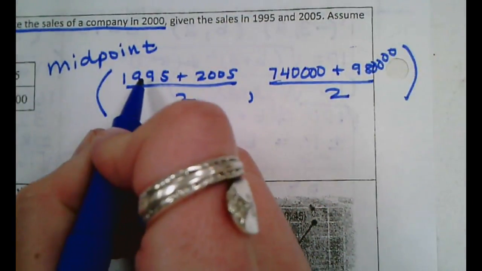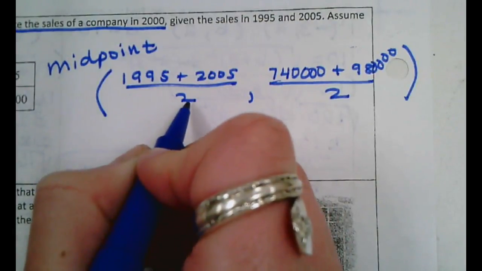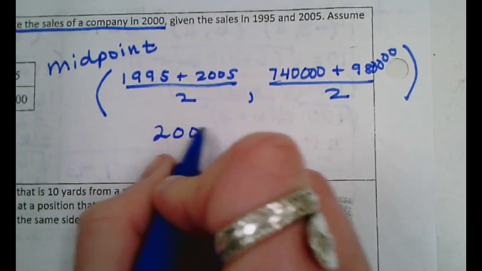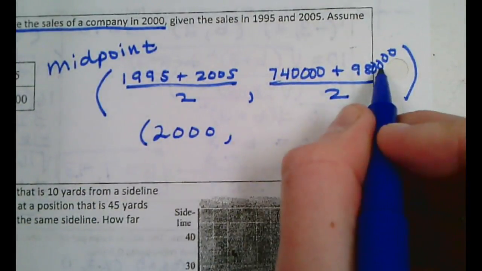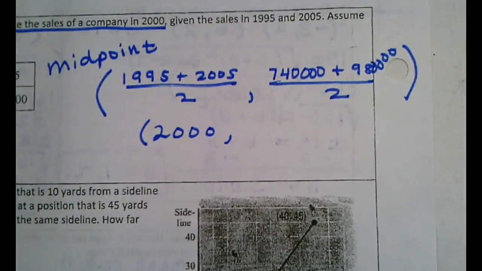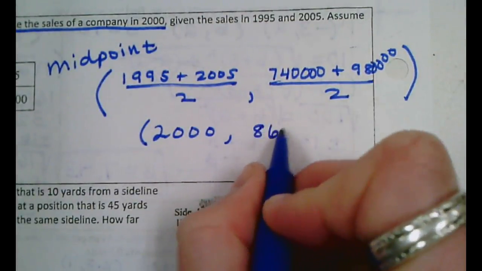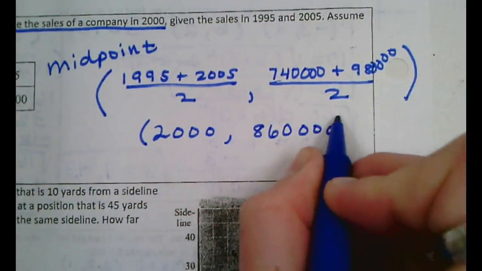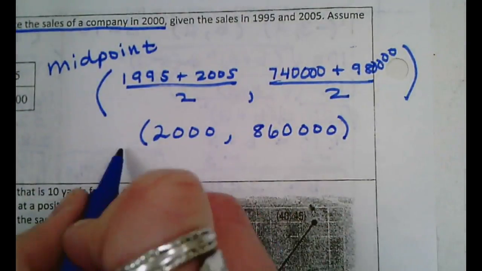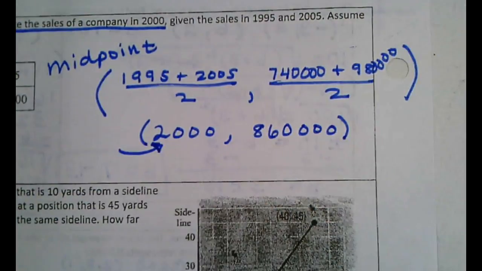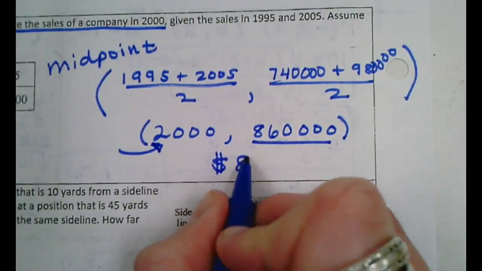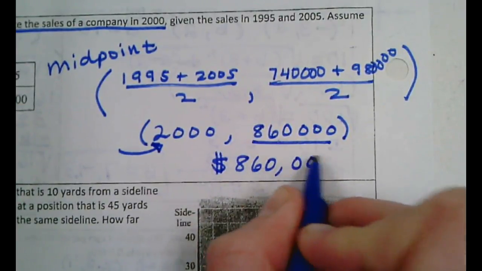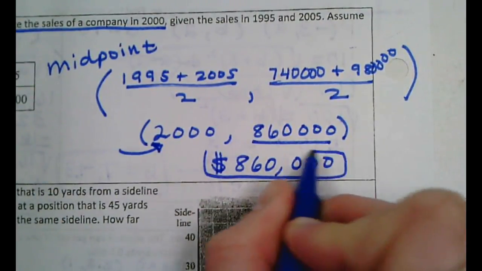So right here, 1995 plus 2005 divided by 2 gives me 2,000. 740,000 plus 980,000 divided by 2 gives me $860,000, which is great because we want to know the sales in the year 2000. So all we have to do is look at the y value, and we can find the sales were $860,000.